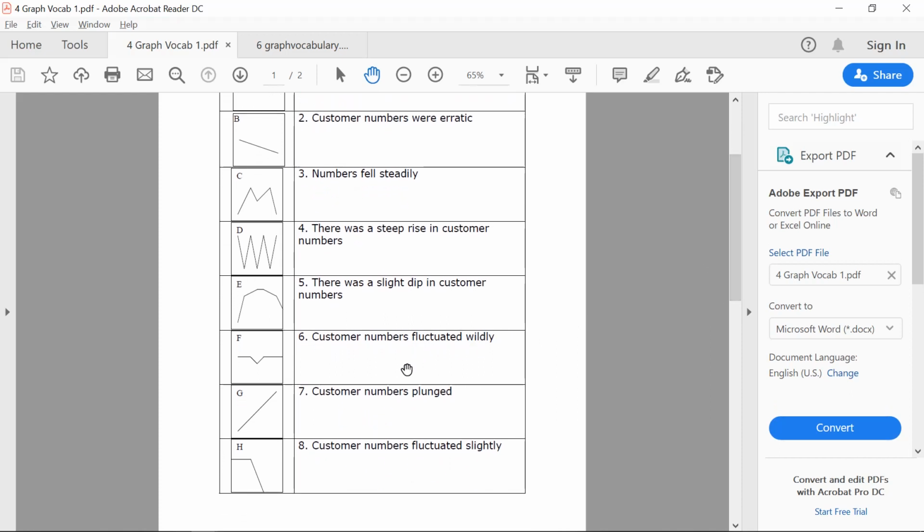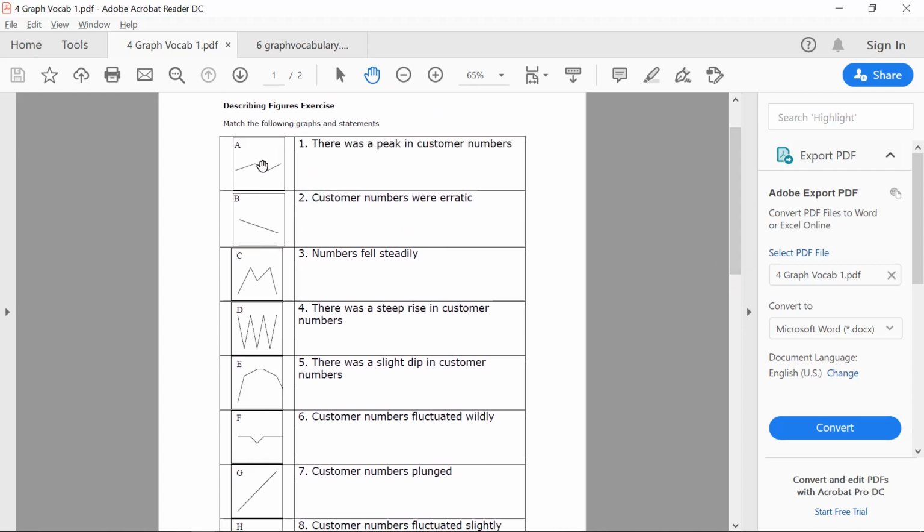So customer numbers plunged. This corresponds to plunging, as if we are jumping inside a swimming pool. Then customer numbers fluctuated slightly. So there was a slight fluctuation. If I have to talk about slight fluctuation, probably this one corresponds to slight fluctuation, which is A.